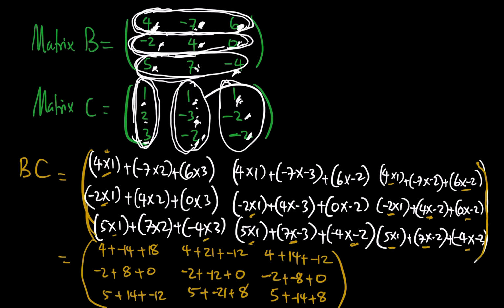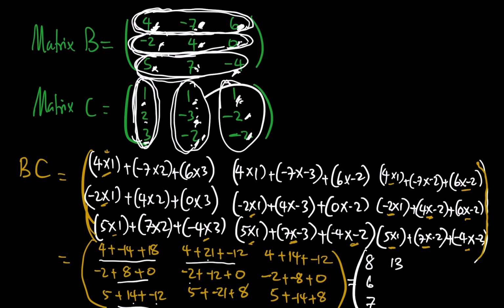We close the parentheses, and then we're going to have this whole thing here. 4 minus 14 is negative 10 plus 18, which is going to give us positive 8. Now this gives us positive 6. This whole thing, 14 and negative 12 gives us 2 plus 5. It gives us 7. Now here, 21 minus 12 is 9 plus the 4 is 13.